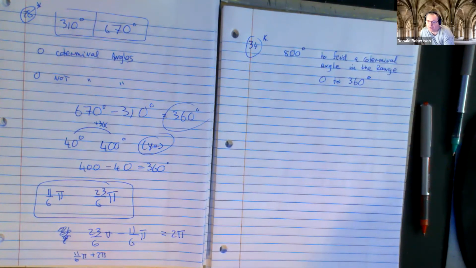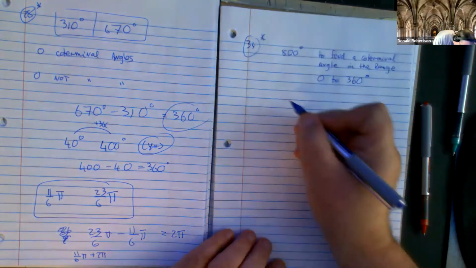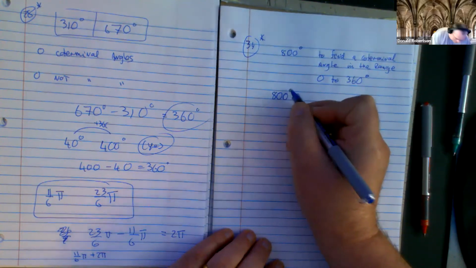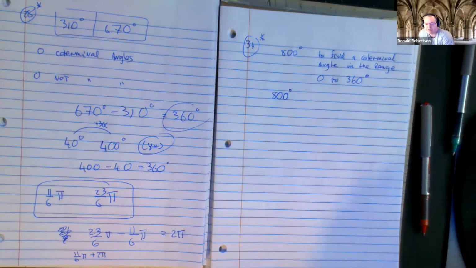So there's your puzzle. I've got 800 degrees, but I want to find another angle, a coterminal angle, that is in the range 0 to 360. Don't need to tell me the answer. You can if you want, but you don't need to. But can you tell me how you would find the answer?